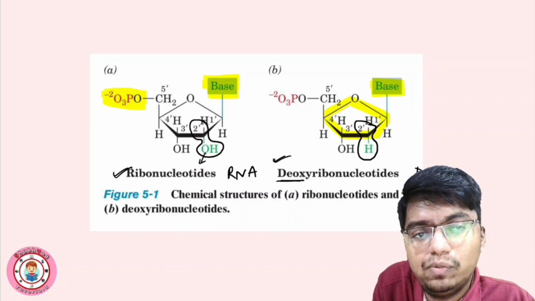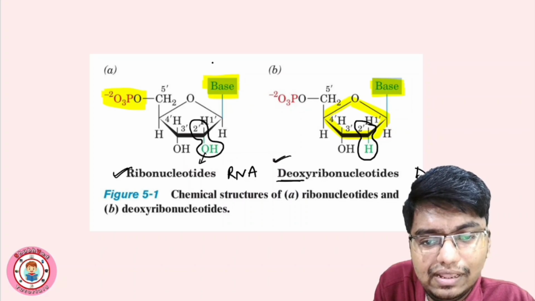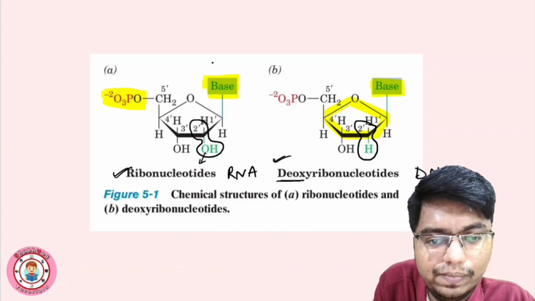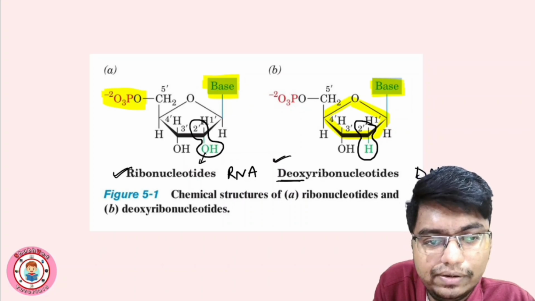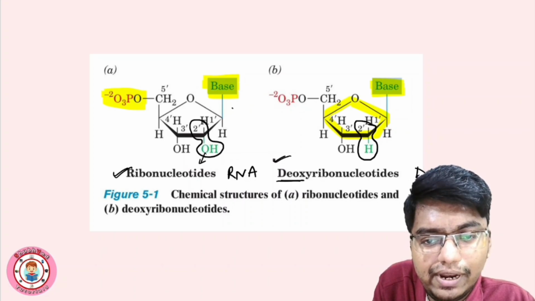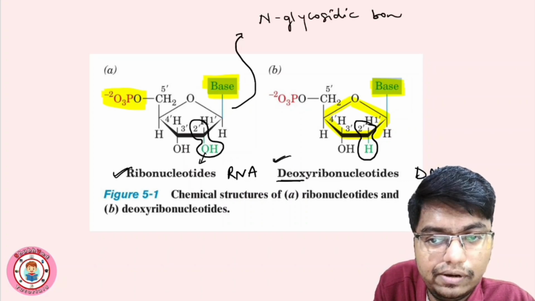Right, now the bonds which are important. See, this is nitrogen containing base and this is ribose. The bond between them is the N glycosidic bond. I will write here, N glycosidic bond.